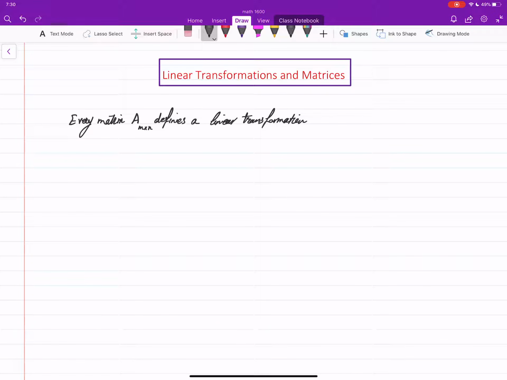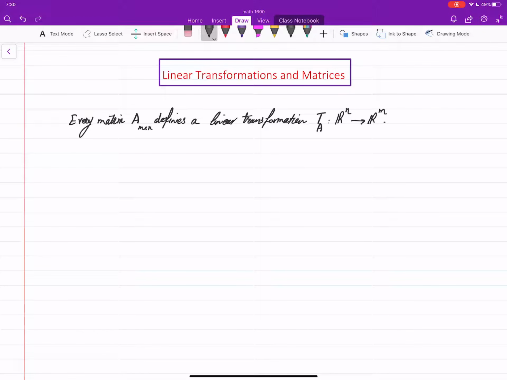That linear transformation we will denote by T subindex A, meaning it depends on A. And where does it go from? It goes from Rn to Rm.